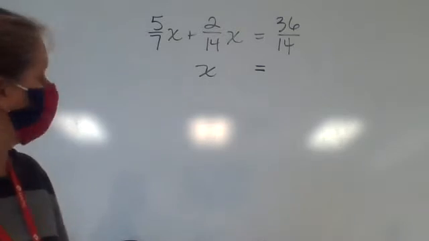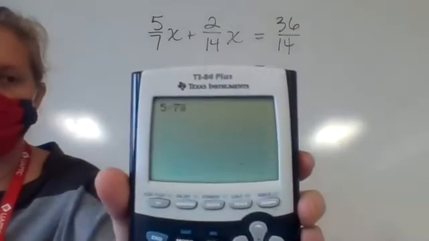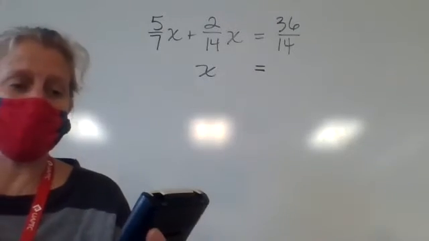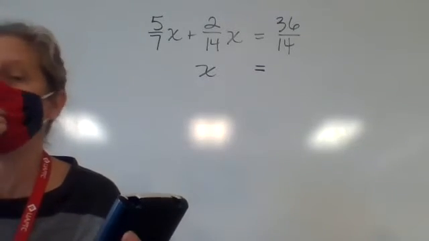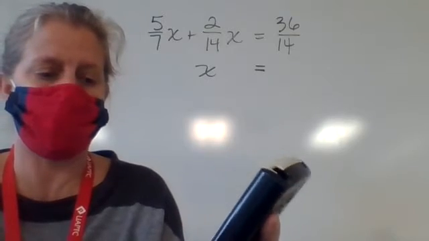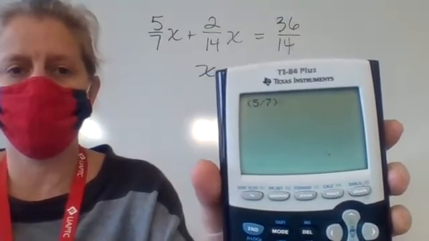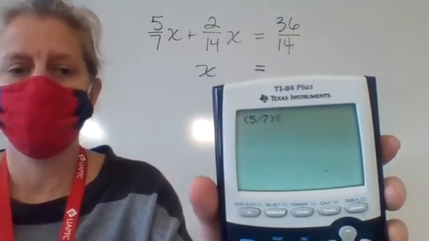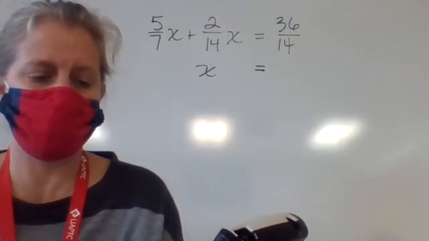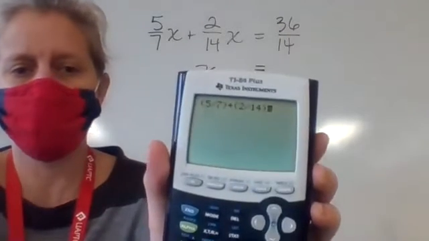So I'm gonna tell my calculator 5/7, which means 5 divided by 7. Let me tell you this, you can't ever go wrong with putting your fractions in parentheses. So open parentheses, 5 divided by 7, close, plus, what's your second fraction? Open parentheses, 2 divided by 14, close.